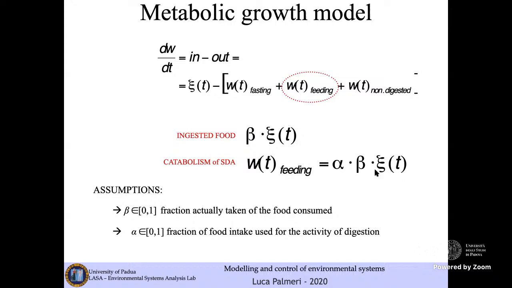the consumed food. So how do we estimate the catabolism of specific dynamic action? We make it depend on the food consumed, that is different from the ingested food. So the food consumed reduced by beta gives the ingested food, reduced by alpha, the fraction of that food that is employed for digestion or specific dynamic action.